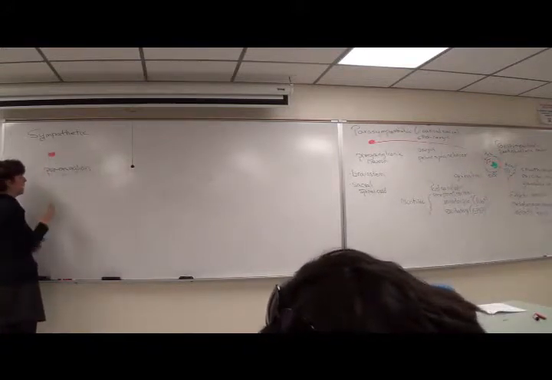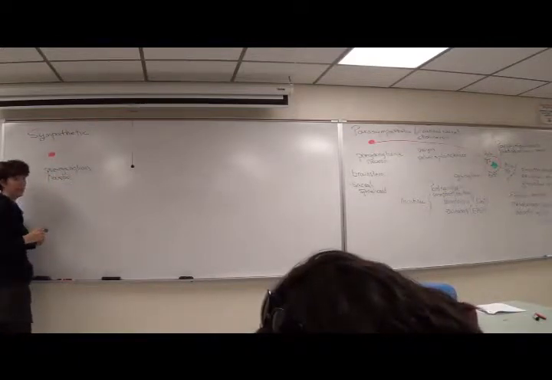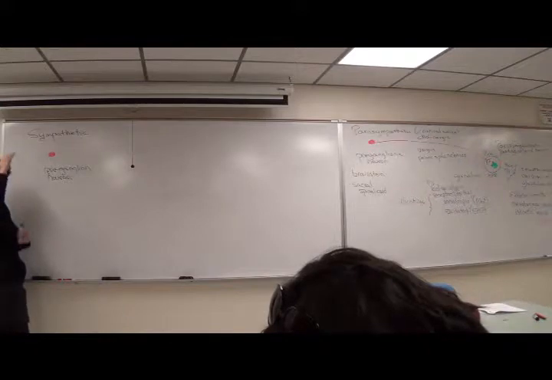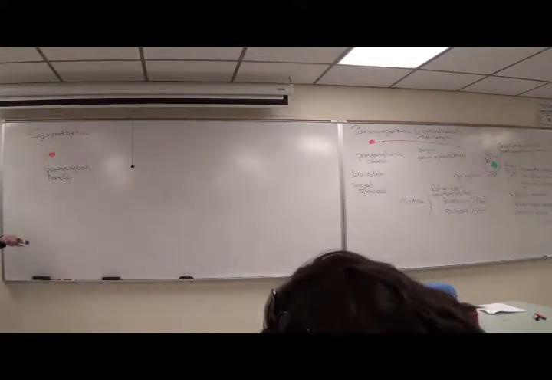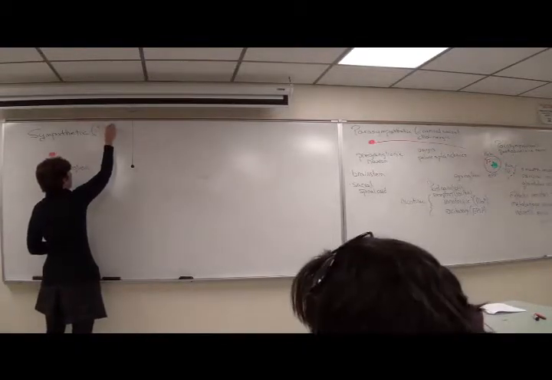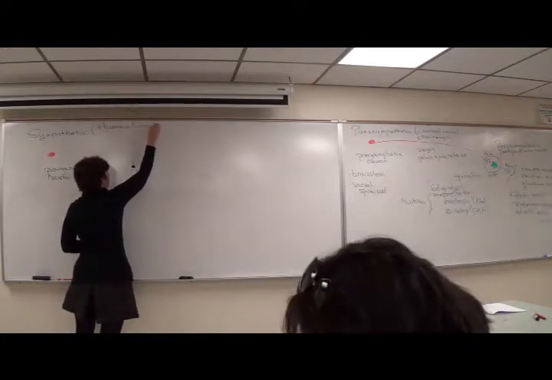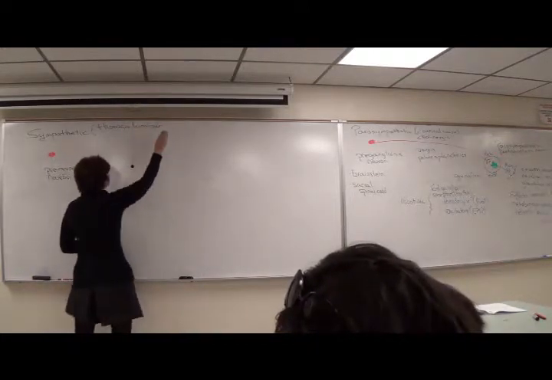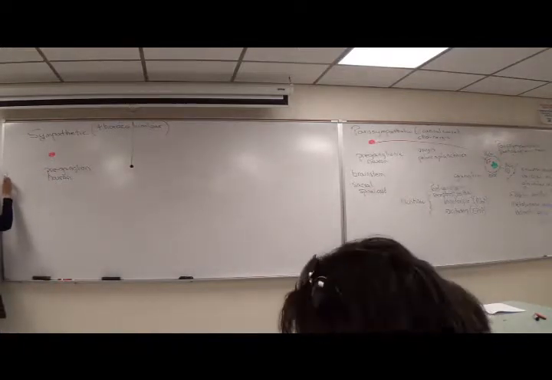If parasympathetic is craniosacral, how would we describe it? The lateral gray horn of what part of the spinal cord? Thoracic and lumbar. So this is also known as the thoracolumbar system, and it would be in the lateral gray horn.